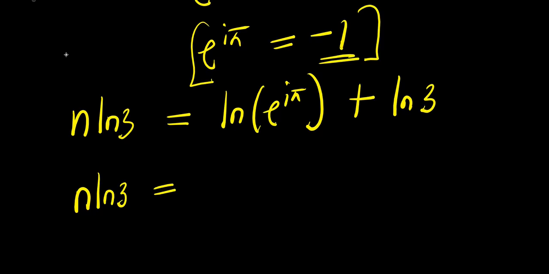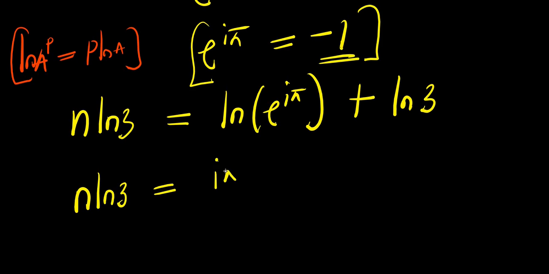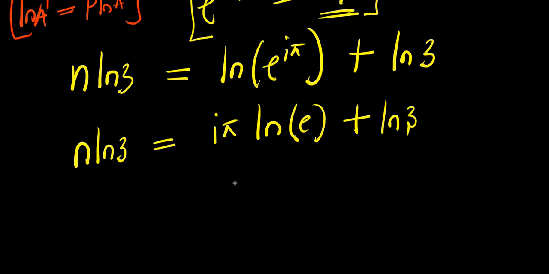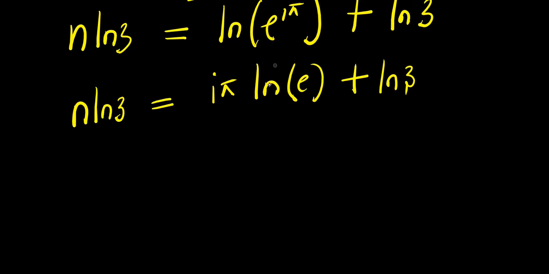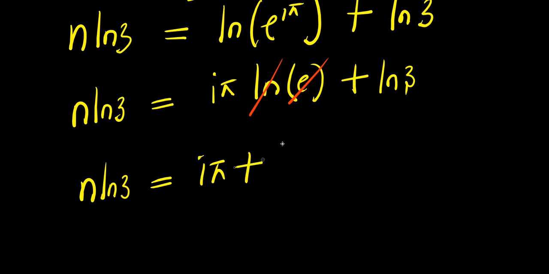Also remember that if you have natural log of a power b equals b times natural log of a. So that means we have I times pi times natural log of e plus natural log of 3. So from here, natural log of e cancels out. We have n times natural log of 3 equals I times pi plus natural log of 3.